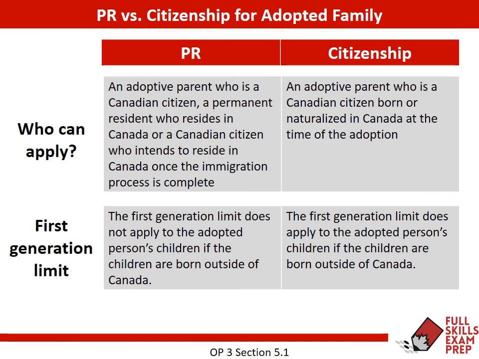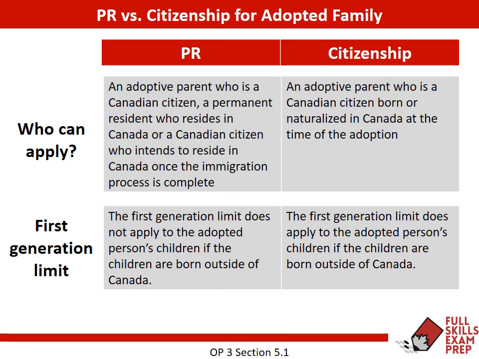Another really important element of this has to do with the first generation limit. Now, this does not apply to the person's children if those children were born outside Canada in terms of a permanent resident. However, this does apply if the adopted person's children were born outside Canada. So this is, of course, talking about in 30 years probably with the adopted person.